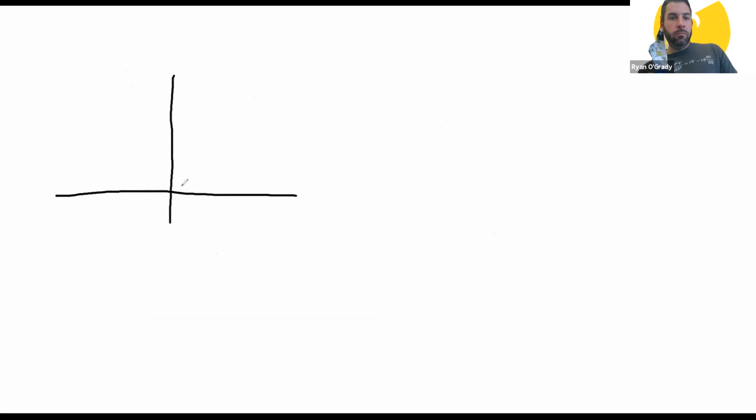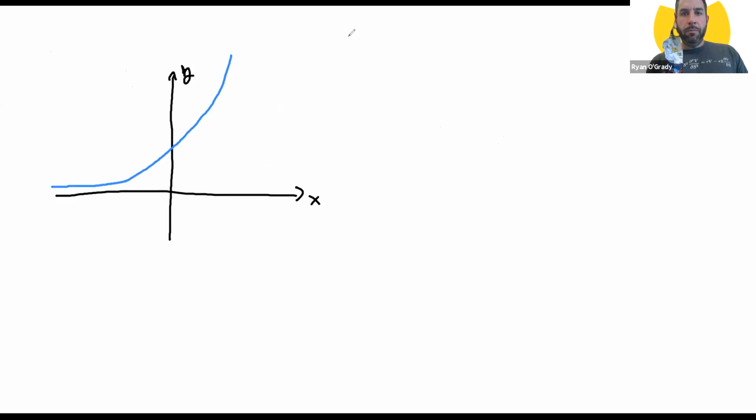so here's my x and y axis. And if I draw e to the x, it looks like this. It's this asymptote. That was bad. Let me draw it a little prettier.